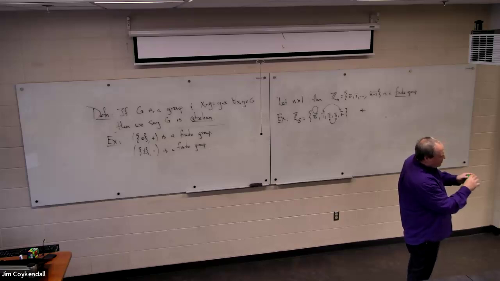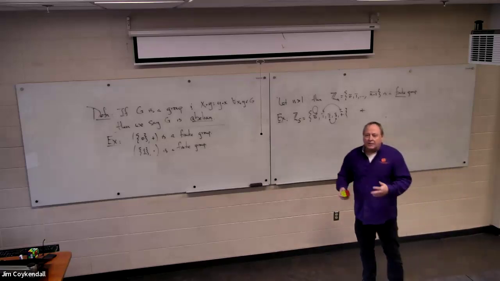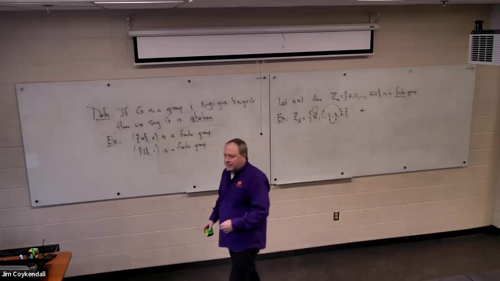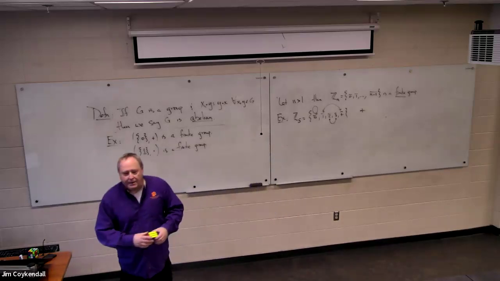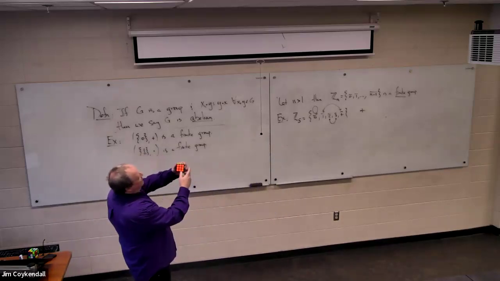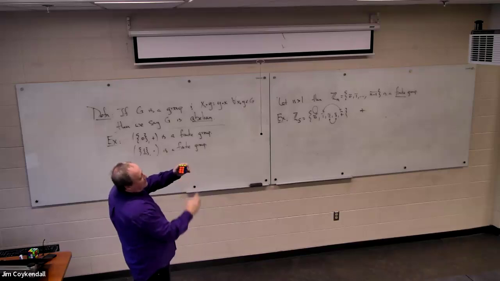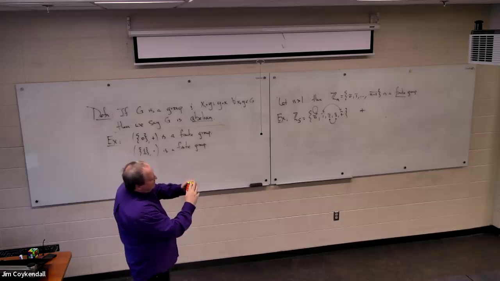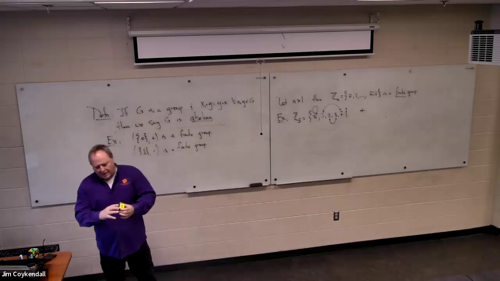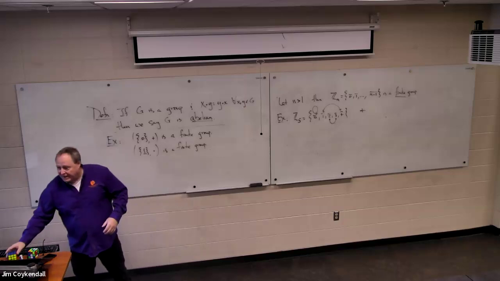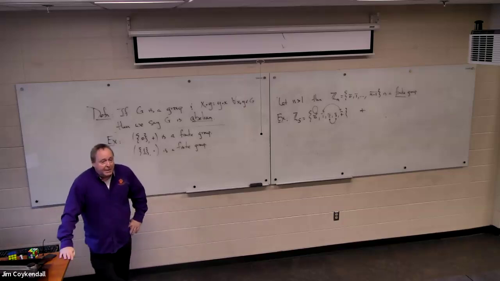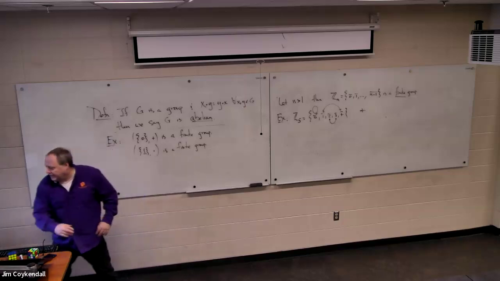And each time you put one in, you can put it in one of 2 ways. Now, this actually comes to a big number, but it's finite. And as we said before, XY gives you that, and YX gives you that. So this is an example of a group that is finite, but not abelian. So we'll order it up.